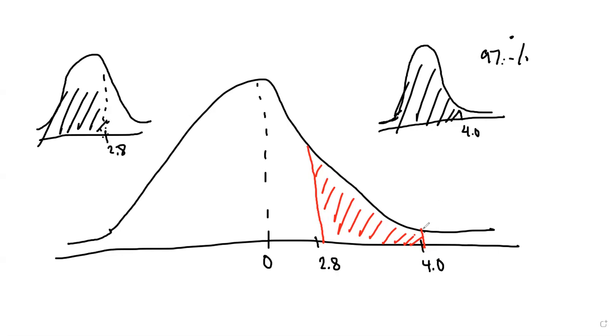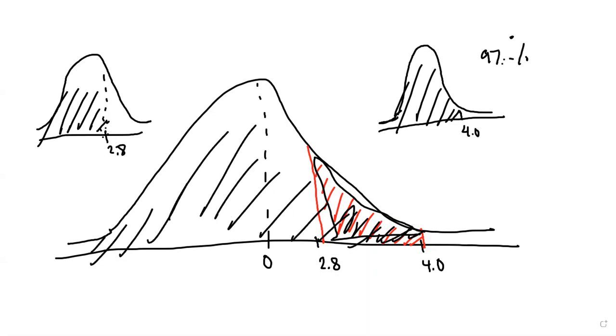To get this area here, I'm going to take the big area minus this area here, so I can get this one here. That's what I did. Now I'm trying to redeem myself.